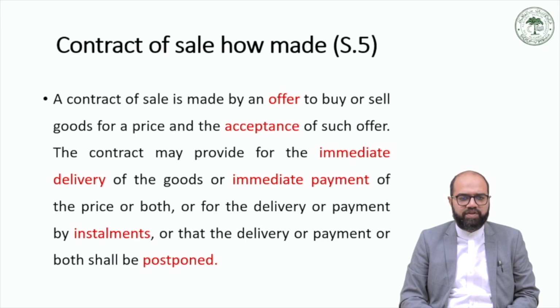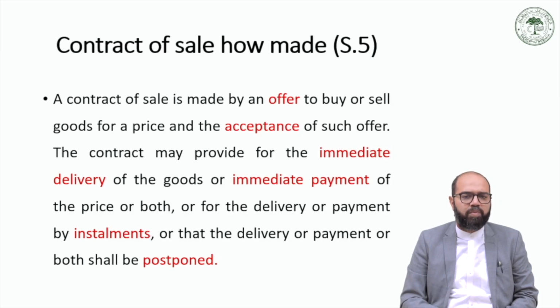Now, there is a provision, Section 5 of the Sale of Goods Act, which provides as follows. A contract of sale is made by an offer to buy or sell the goods for a price and acceptance of such offer. So, it may be initiated from the level of the buyer or the seller, and the other party may accept it.